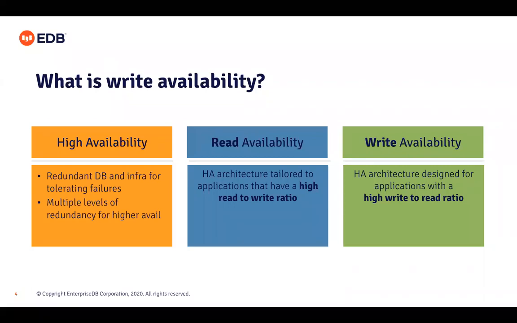And we might need to have multiple levels of redundancy to support higher levels of availability. That's critical, and we'll talk about that as we go forward. But I think folks are familiar with the concept of unplanned downtime and how much uptime you have in terms of the number of nines. Is it 99.9% uptime, which is 3 nines, or is it 5 nines, which is the gold standard that telecoms and financial services types of applications tend to have?